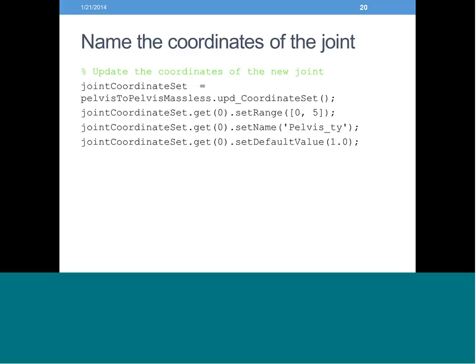I just want to use it to do something in my controller. In this case, where we actually want to change the properties of that coordinate, we're going to use update coordinate set because we're going to get an editable copy of that information, and then we're going to set its range being 0 to 5. We're going to set its name, pelvis TY, that's going to appear in our GUI, and then give it a default value.